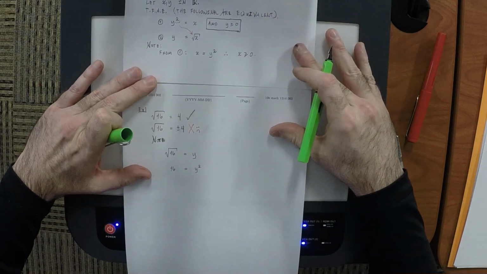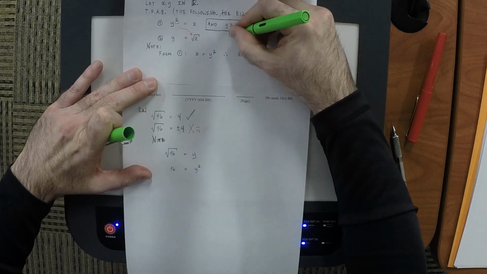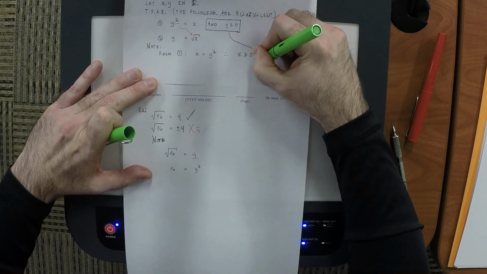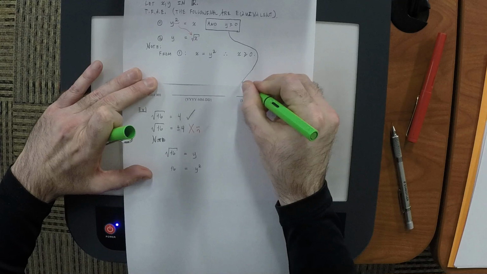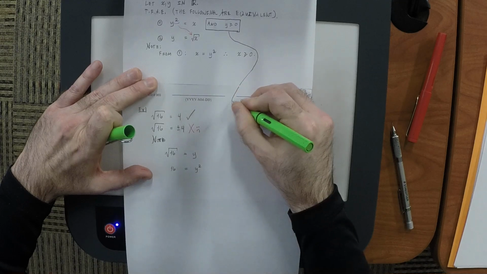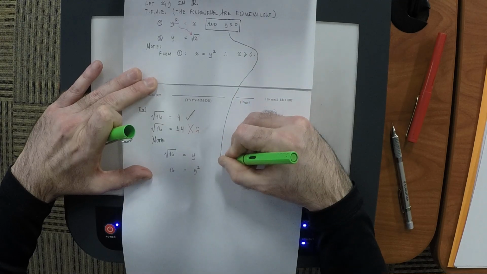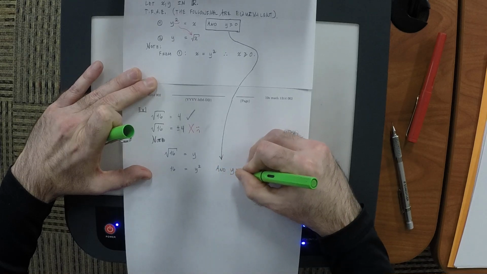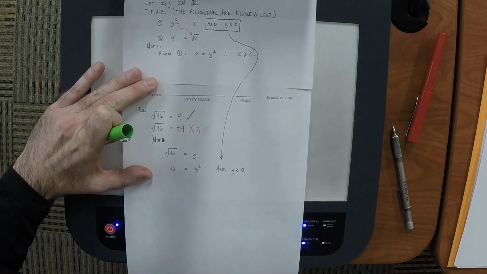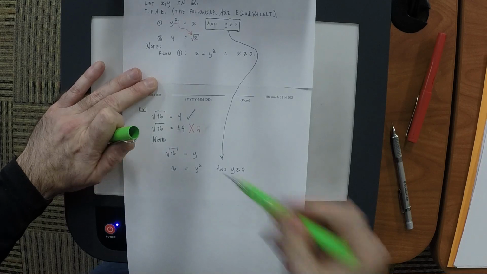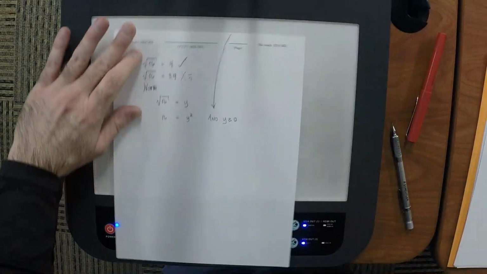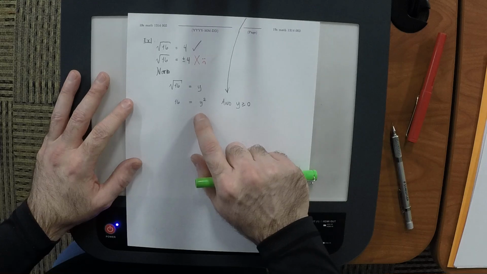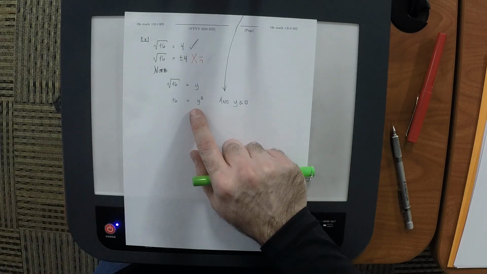Let me see if I can get this to line up on the pages here, so that if you ever happen to look at the course notes, you can see it. All right. So now the question is, can you tell me a y that I can square?